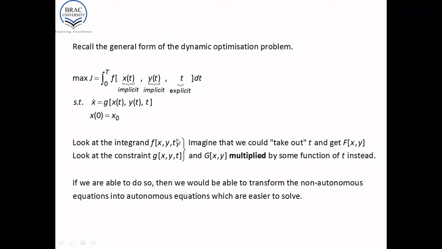Homothetic functions have this property. If we are able to do so, then we would be able to transform the non-autonomous equations into autonomous equations which are easier to solve.